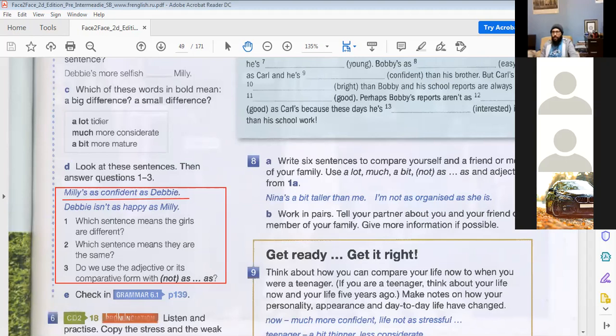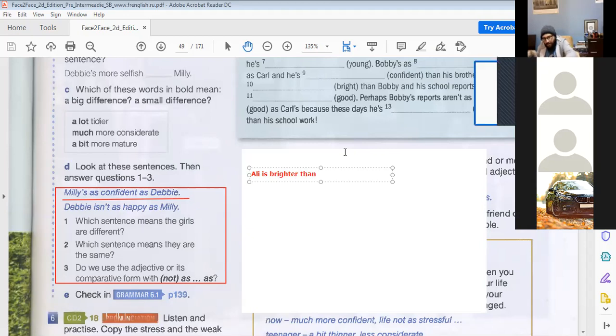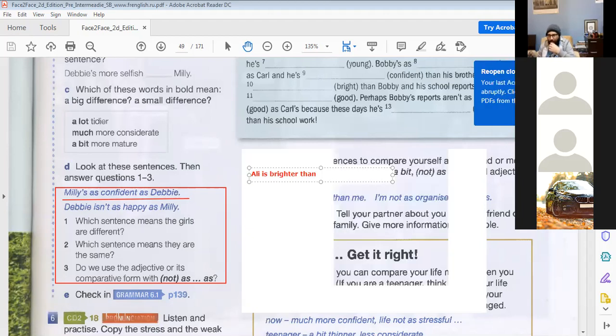Okay, I've got a few questions. Let's see if you can find out the answer. So for example, I'm going to write them here. Let's say if I say, for example, Ali is brighter than Marwa, for example, at school. Okay, just let me switch this off.